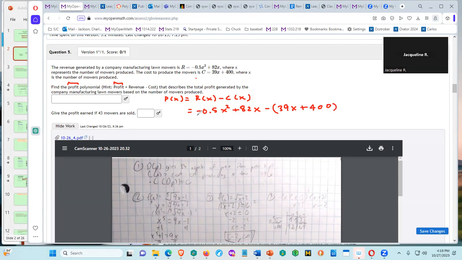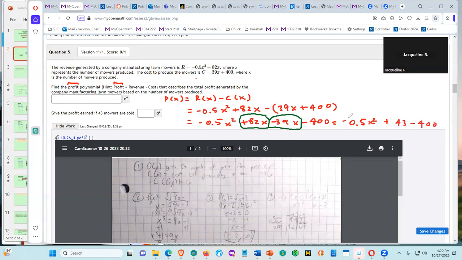So negative 0.5x squared plus 82x minus 39x. The negative distributes to the 400, so minus 400, which is negative 0.5x squared plus 43x, combining the like terms, minus 400.